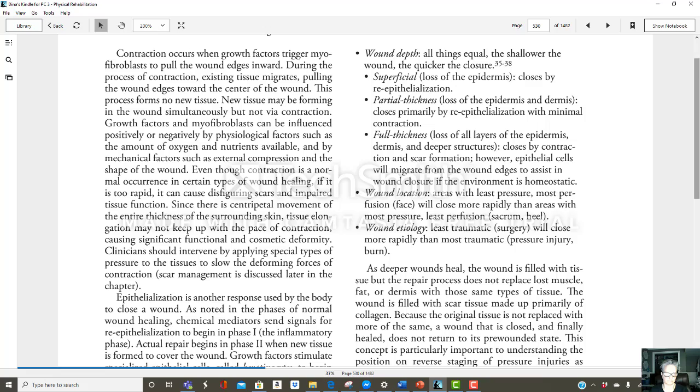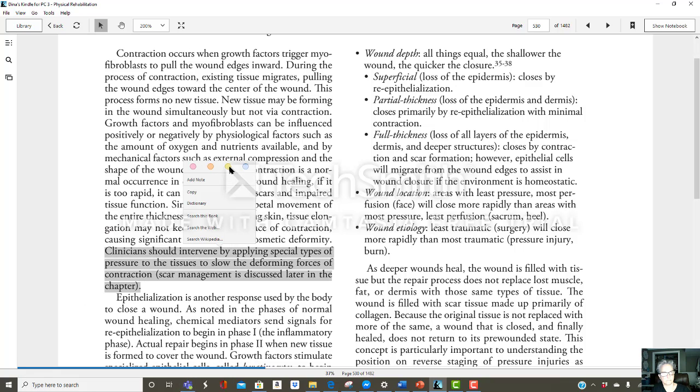Tissue elongation may not keep up with the pace of contraction, causing significant functional and cosmetic deformity. Clinicians should intervene by applying special types of pressure to the tissues to slow the deforming forces of contraction. Scar management is discussed later in the chapter.